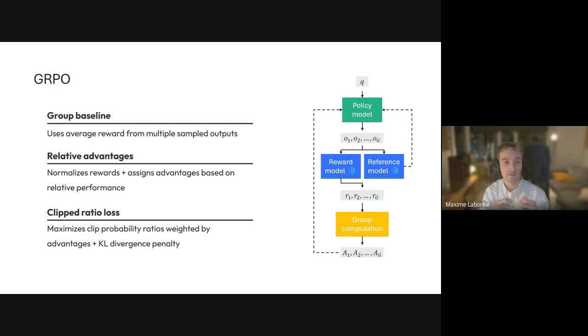So it assigns advantages based not on the absolute performance of the model, is it able to answer the question, but on the relative performance between all your different responses. And then there's a clipped ratio loss that is used to make sure that the training is stable.